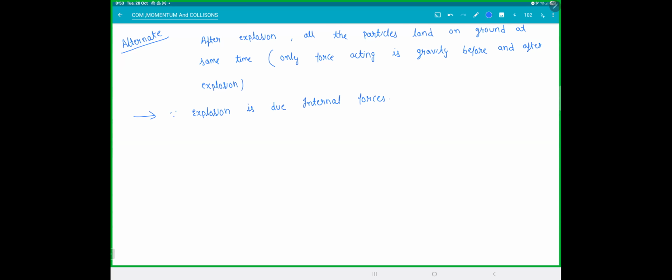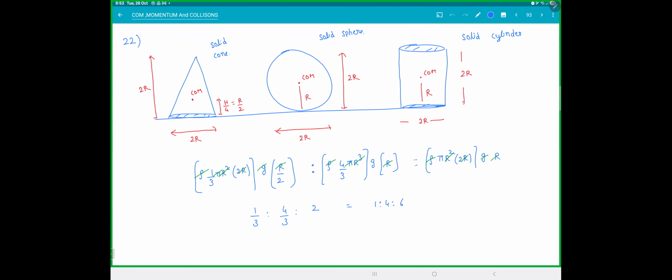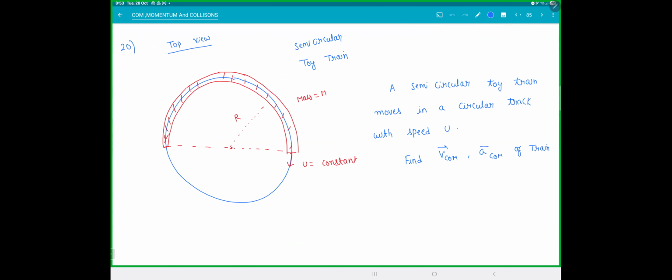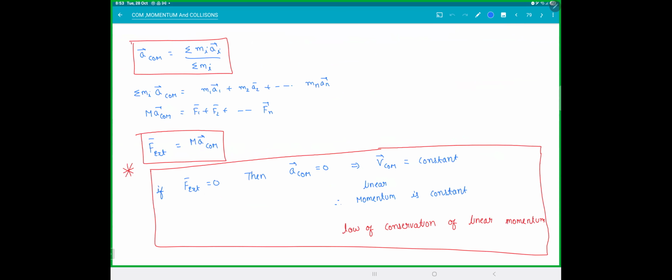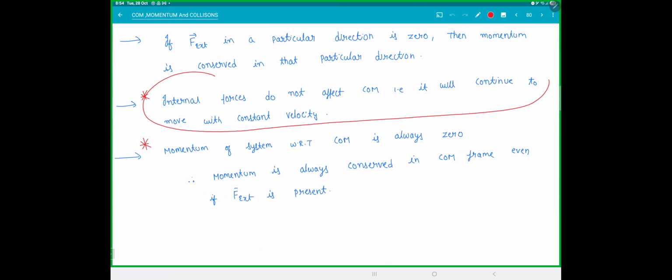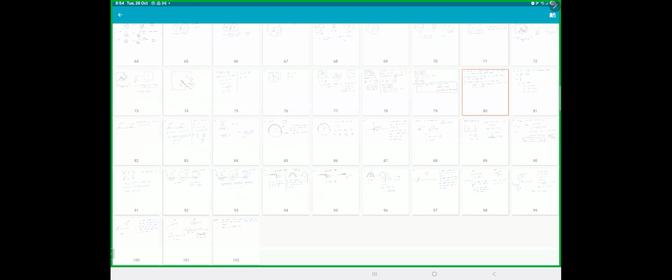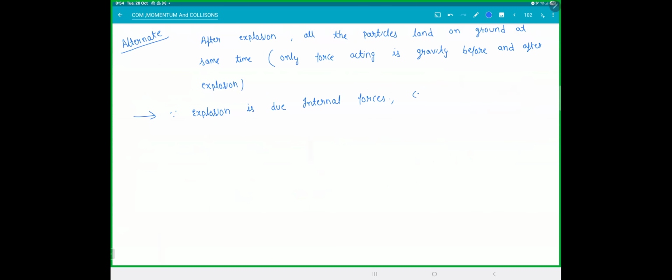If you remember, we made a statement last time. Internal forces do not affect the center of mass. Means it will continue with whatever it is doing as before. So since explosion is internal forces, the center of mass is unaffected. So the center of mass will behave as if it is still flying in a parabolic path.